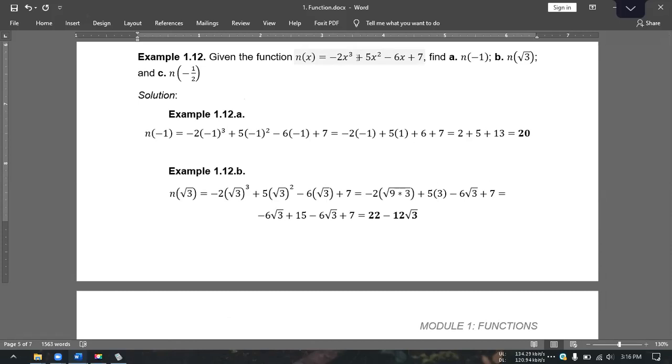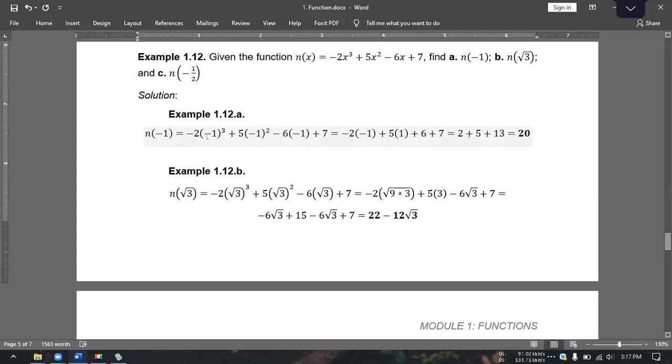We have to find the value of the function if x is negative 1, square root of 3, and negative 1 half. Now we don't have problem if our x is a whole number, or an integer, for example, negative 1. Okay lang siya.